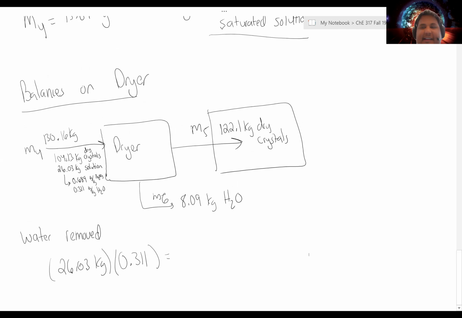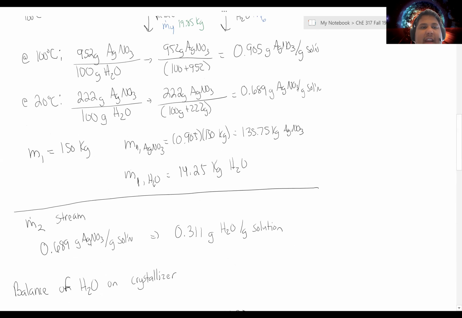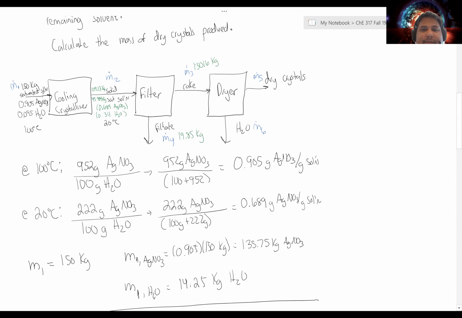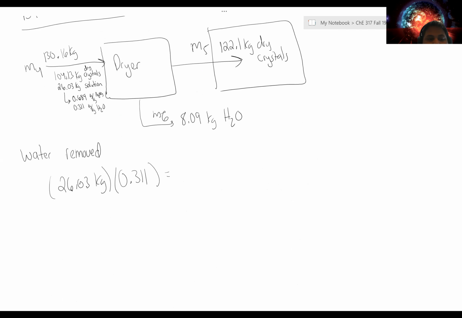It's a little complex in terms of the material balances, but if you just kind of take it one step at a time, try to stay organized, I believe you will all do well on these types of problems. So let's look at one more problem.